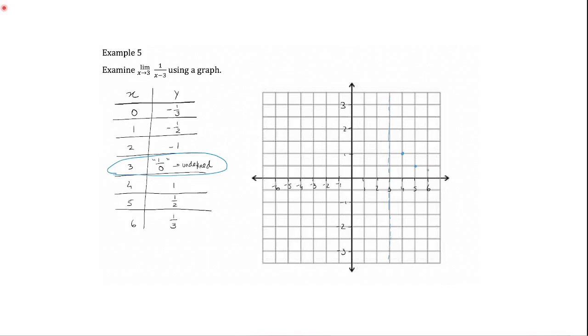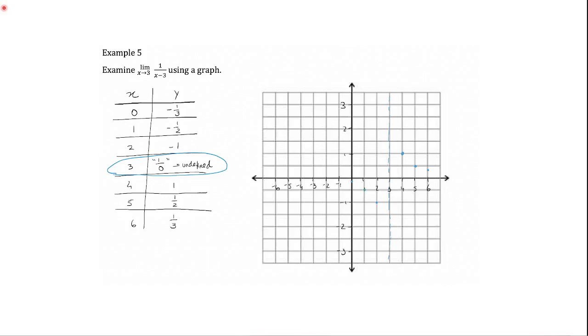And then similarly at 1, we have a value of negative 1/2. And at 0, we have a value of negative 1/3. And at 2, we have a value of negative 1. It shouldn't be there. It should be right there. There we go.